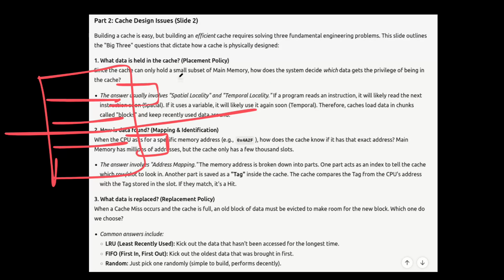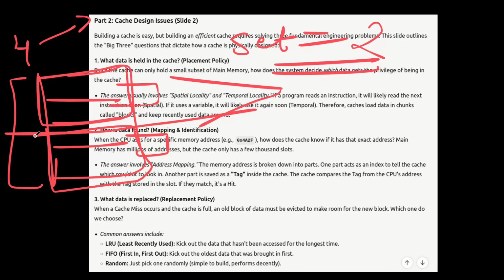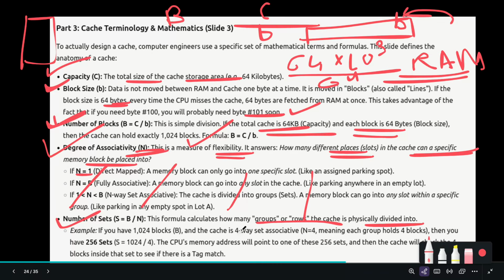How many sets are there? Two. That is what a set means. If the total number of blocks is 4, I can divide it so that one set has two blocks and another set has two blocks.